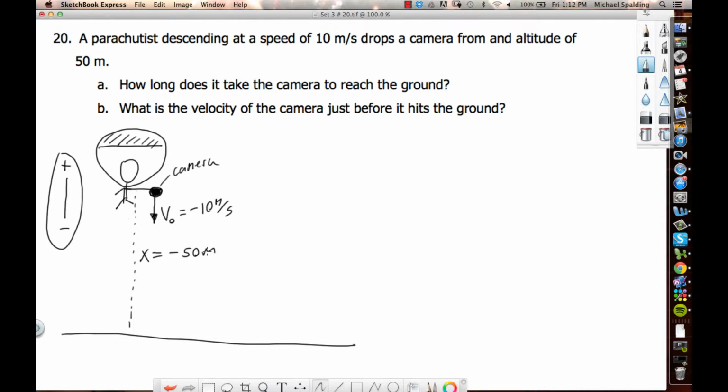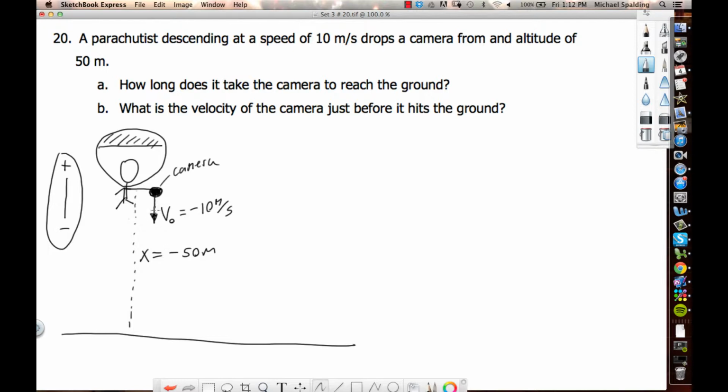So why do we have to make it negative? Because from the time it's released to when it hits the ground, does the camera travel down or does it travel up? Down. So that's why I make the displacement negative, right? Negative 50.